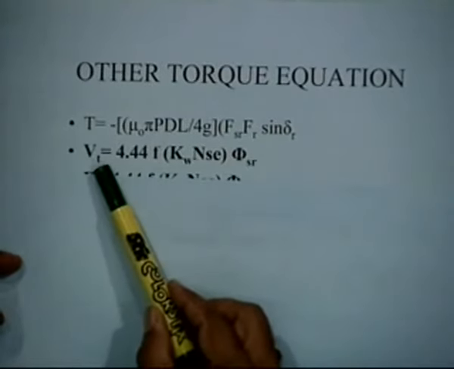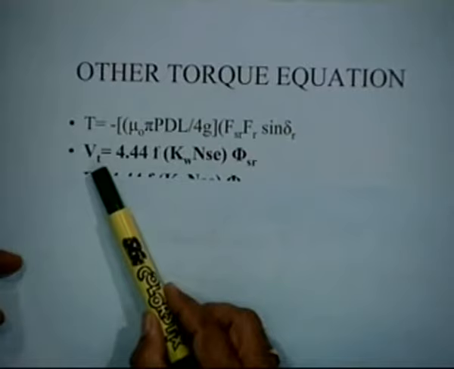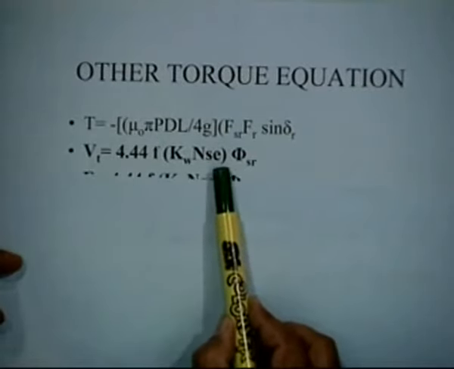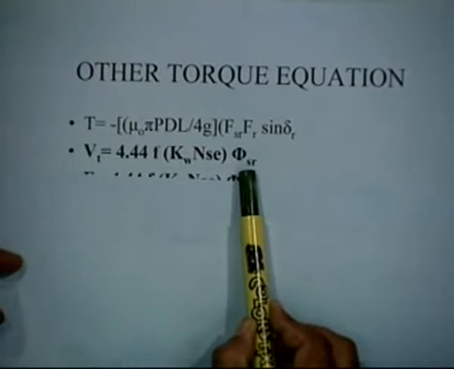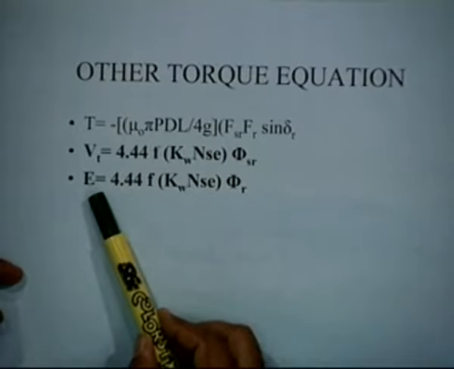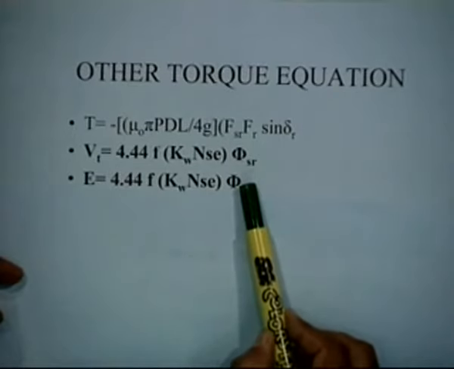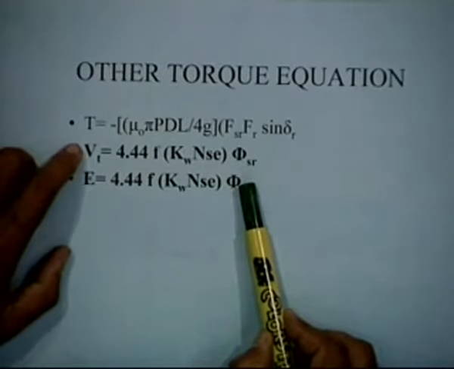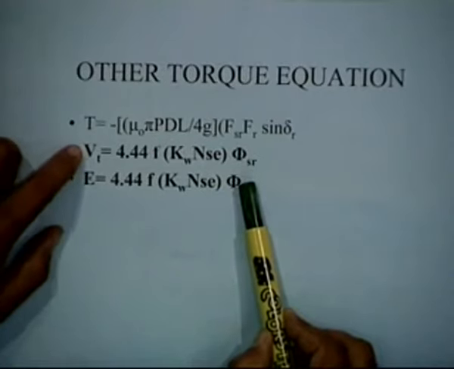Now, for Vt, we have one more expression: Vt is 4.44 F into kWNSE into phi SR, that is the net flux per pole. Now, E is the voltage due to the rotor alone, that is when there is no current in the armature, when Fs is 0, when the armature currents are 0, and all the MMF is provided only by the field.